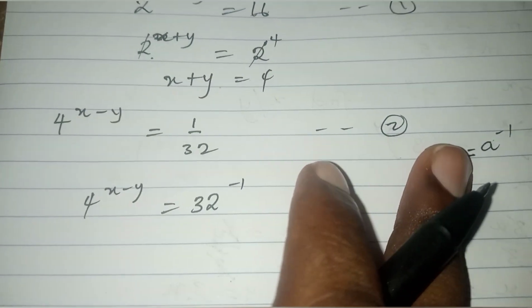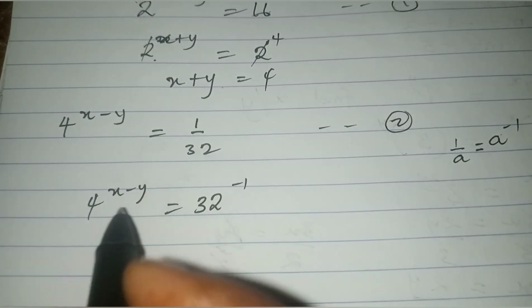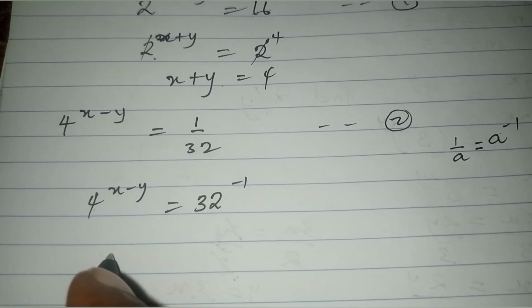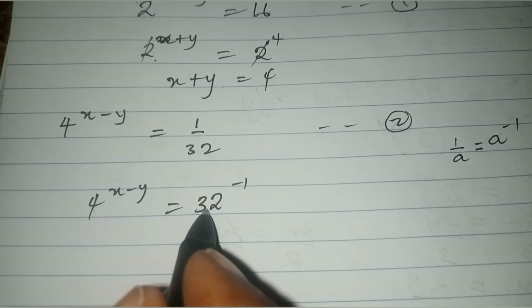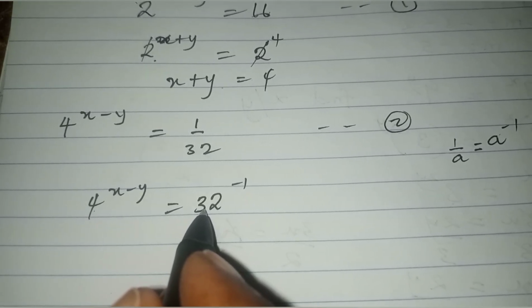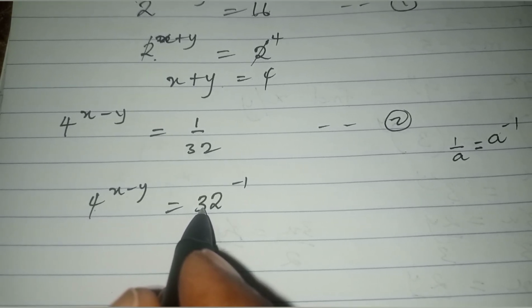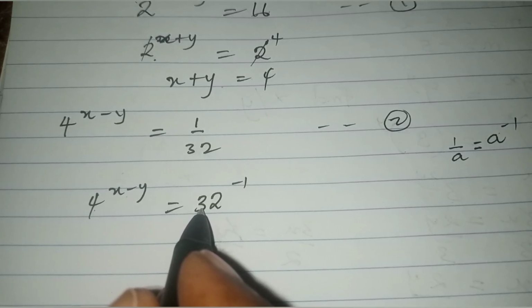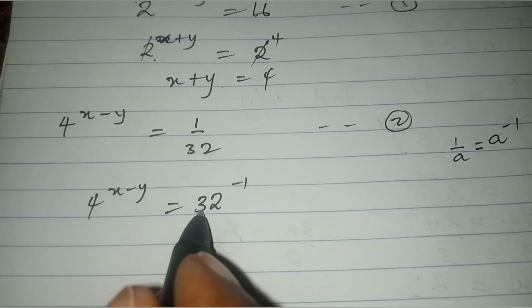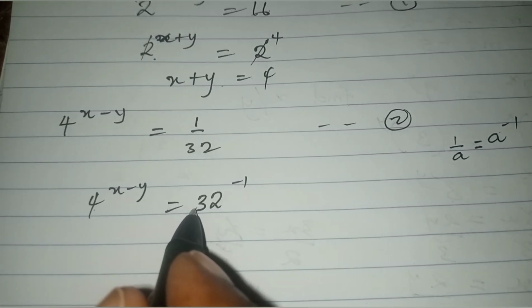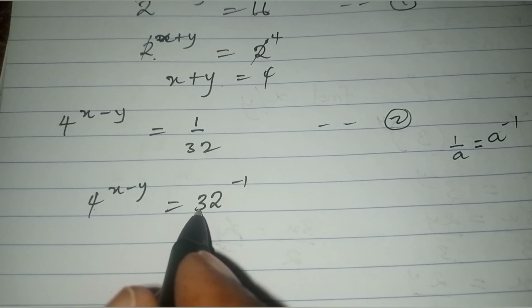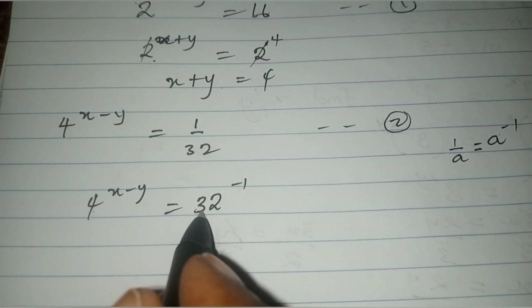Finally, between 4 and 32 we have a common factor, which is 2. There's no way we write 32 in terms of 4, because if we used 4, we can't have multiples of 4 to give us 32.